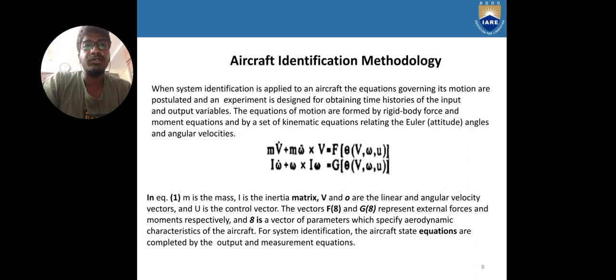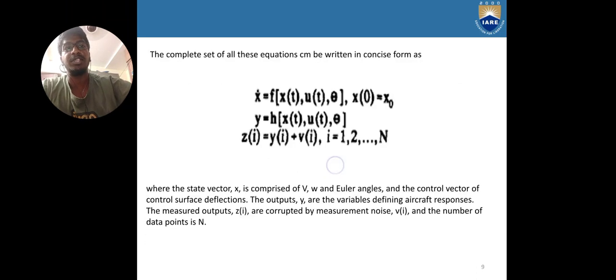In the equations, m is the mass, I is the inertia matrix, v and omega are the linear and angular velocity vectors, and u is the control vector. The vectors f theta and g theta represent external forces and moments respectively, and theta is a vector of parameters which specify aerodynamic characteristics of the aircraft. For system identification, the aircraft state equations are completed by output and measurement equations.